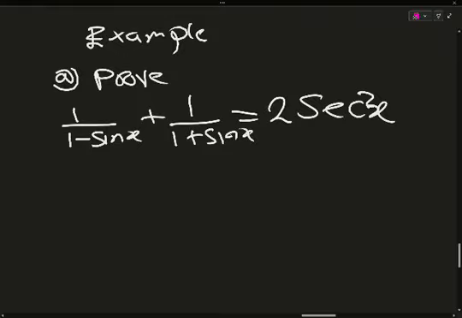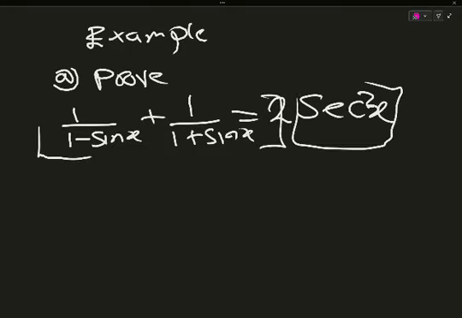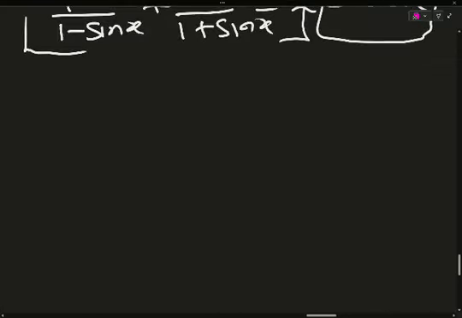So they want us to prove that the left side is equal to the right side. So how do we prove? So let us start. The first step that you have to do, you have to pick the most complex of the two equations, the one on the left and the one on the right. So which one is more complex? I can see that the most complicated one is the one on the left.